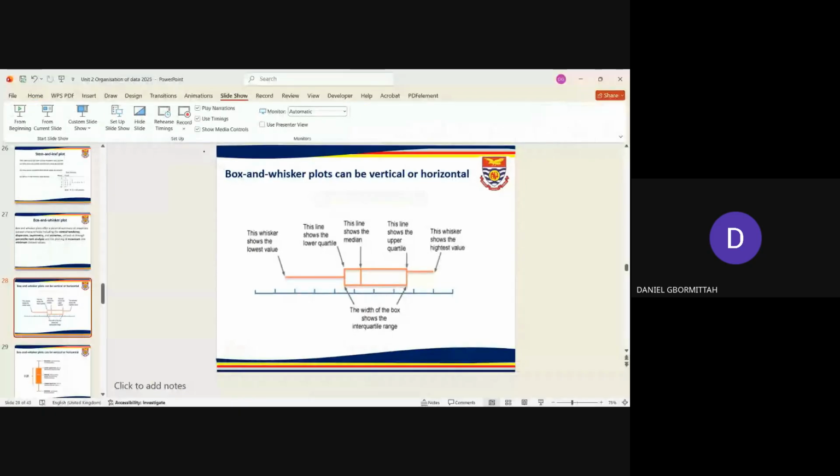Here you clearly see that this part of the whisker shows the lower value. So the left side, the longest tail that we see, the end here shows the lowest value. To read it, you have to trace it down.